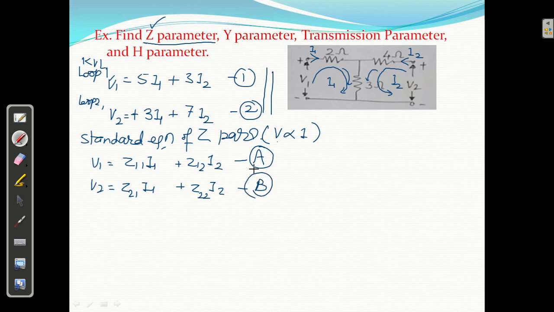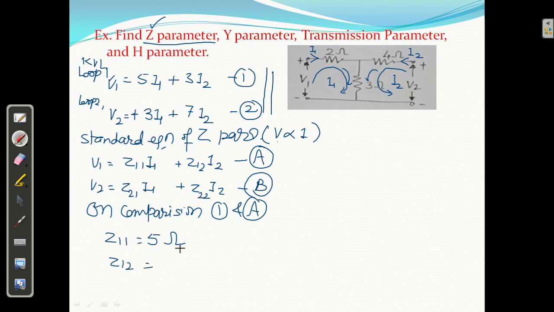Now if you compare 1 and A, V1 in terms of I1 I2, this means Z11. On comparison of 1 and A, what will come? Z11 equal to what? 5 ohm, right? Z12 equal to what? 3 ohm, right?